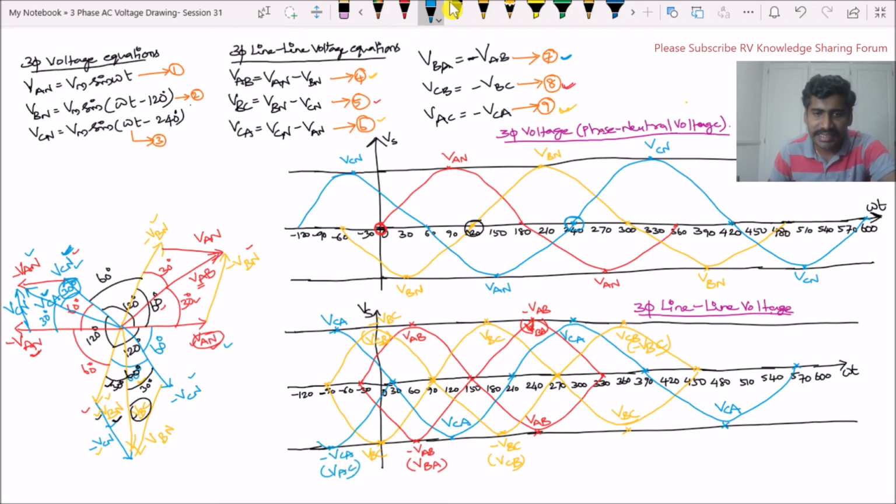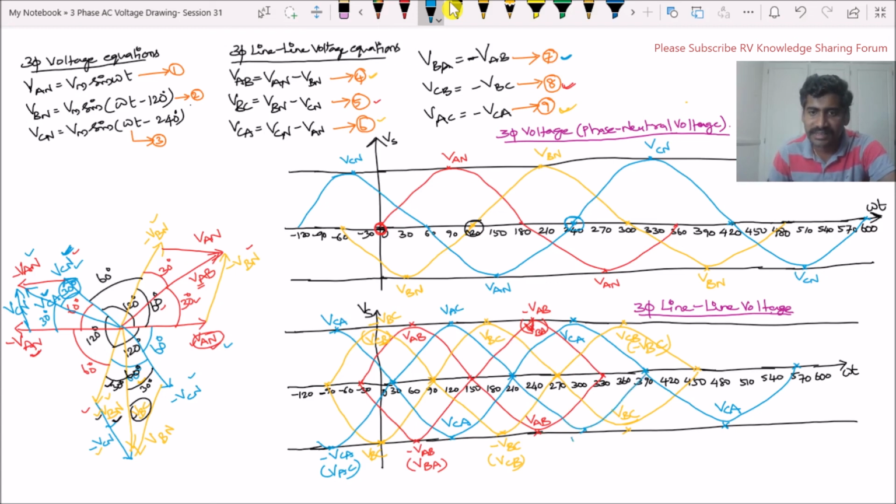Similarly here also, this is our line voltage VAC, that is minus VCA, and similarly here also in the next cycle.